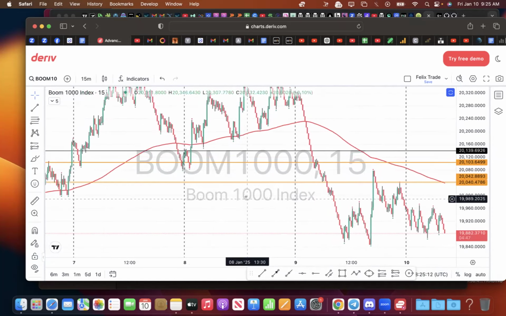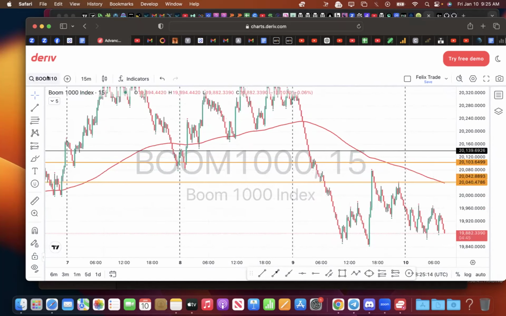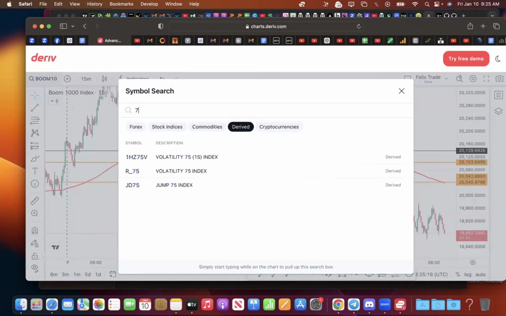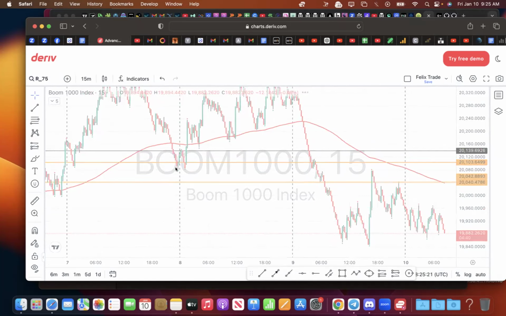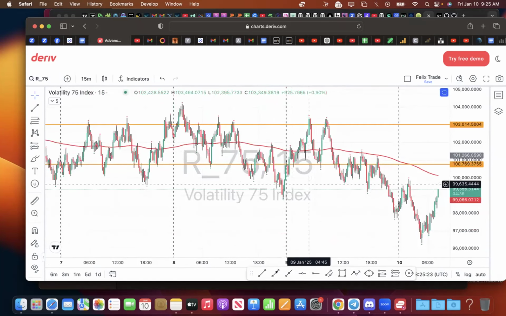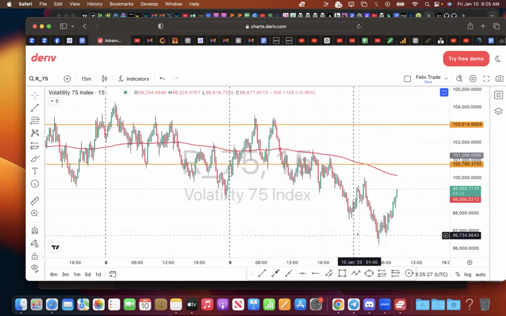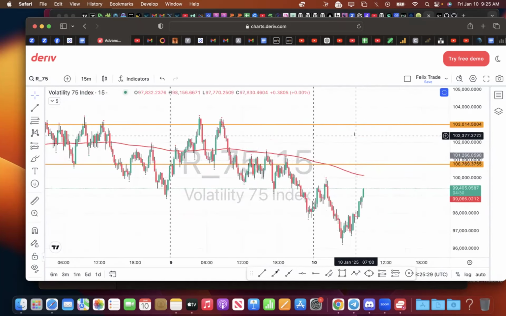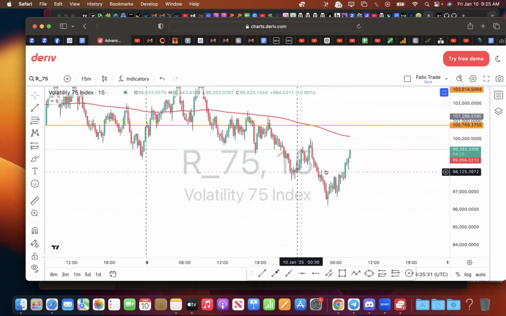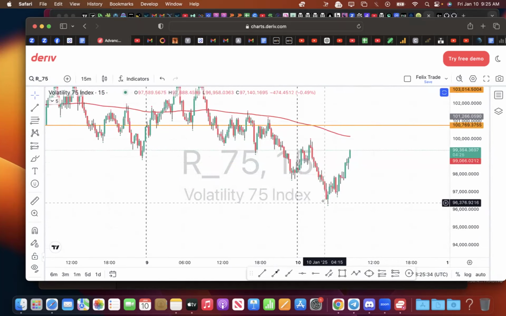What I always recommend is that if you are trading this instrument, don't trade other instruments like the volatility indices, maybe V75 and all of that. Just stick to Boom 100 and Boom 1000. You can see that this one was a good opportunity to have entered, and this is a low.